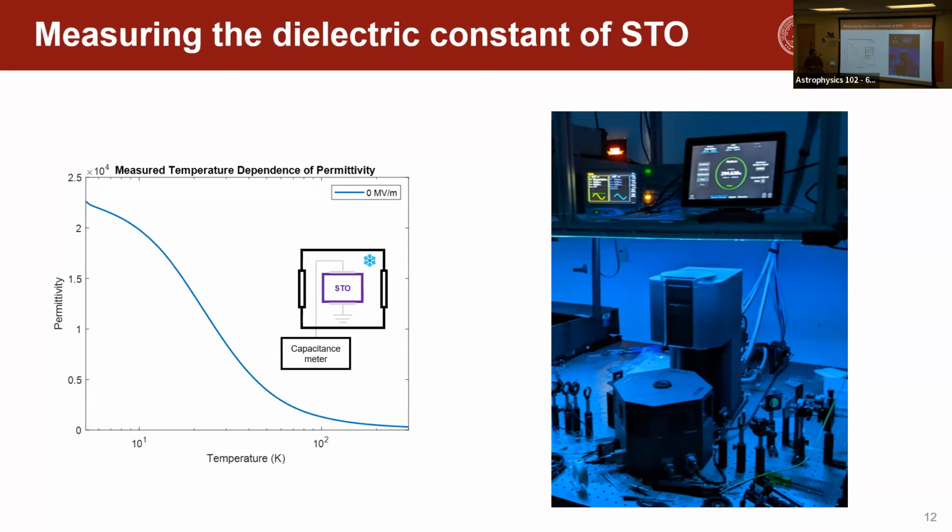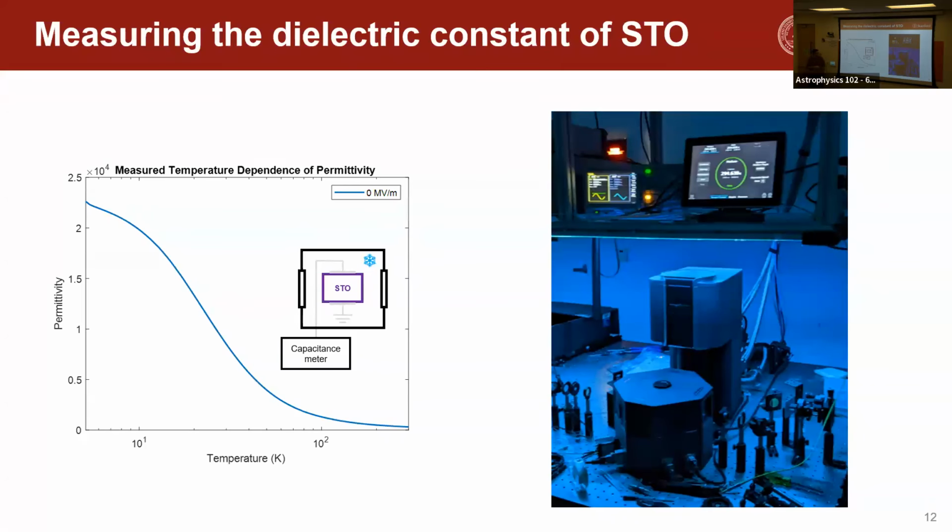From that, we could measure the capacitance as well as the dielectric constant as a function of temperature. We see that at the lowest temperatures we can reach, around 5 Kelvin or so, we get dielectric constants on the order of 20 to 25,000, depending on the specific material we are working on.